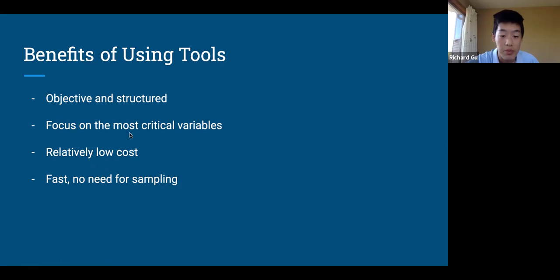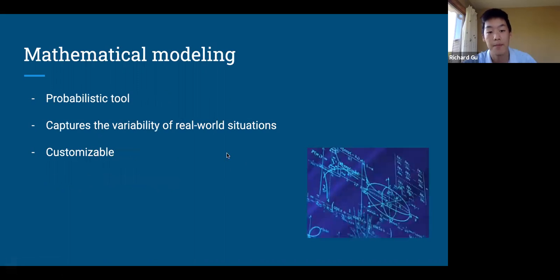And perhaps most importantly, they're relatively low cost due to the fact that there's not really a need for sampling. So we take information directly from the workplace and input them into these tools, but we don't actually take physical measurements. So that eliminates a lot of the time cost and monetary cost.